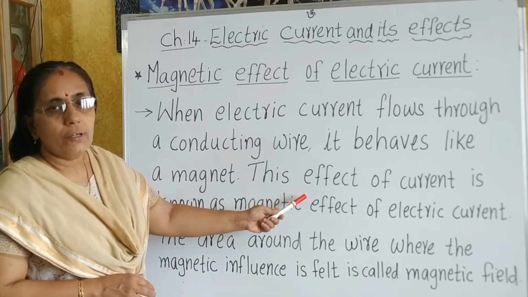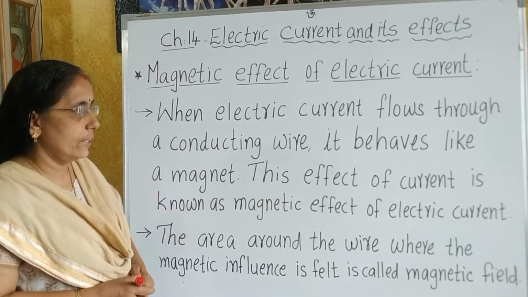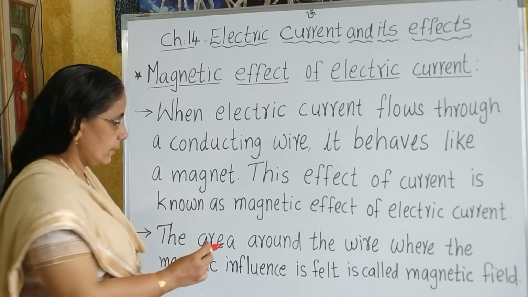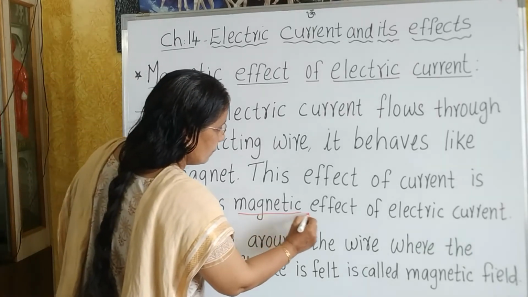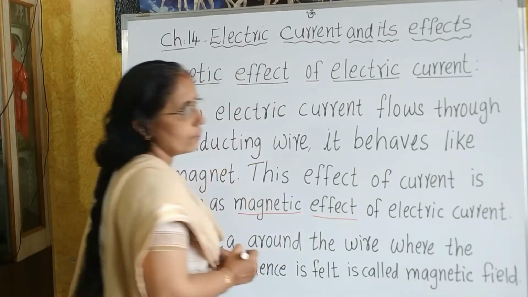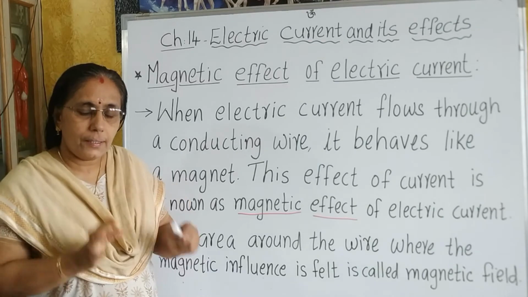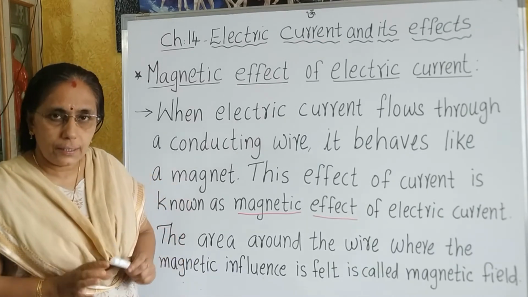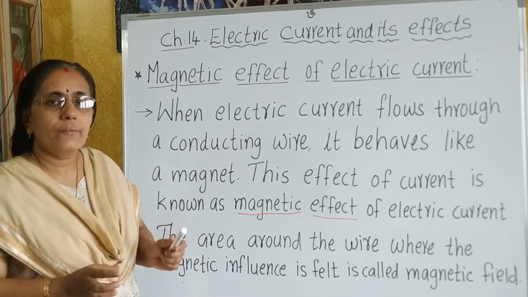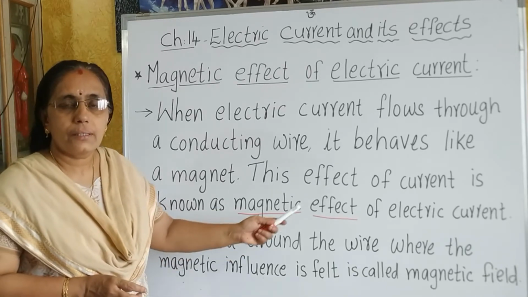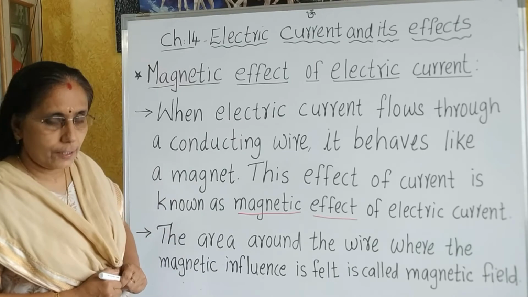This property or this effect of current is known as magnetic effect of electric current.